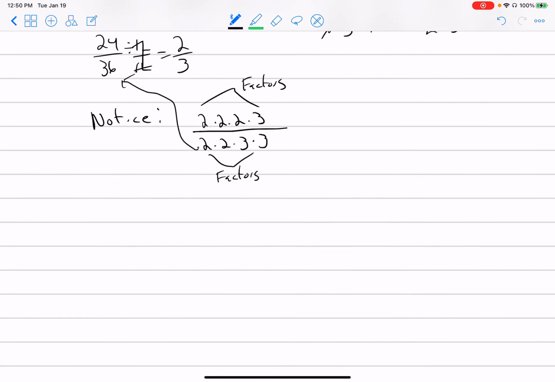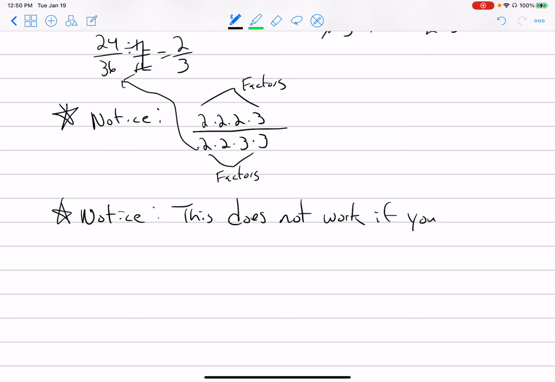Okay, so there's another notice you have to remember. So also write this down. Notice that this does not work if you don't have factors. In other words, multiplication.